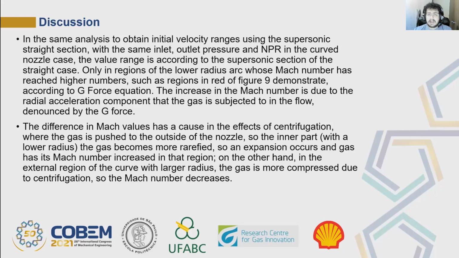So the expansion of the gas is greater, the Mach number is greater too. Okay. On the other hand, in the external region of the curve with larger radius, the gas is more compressed due to centrifugation, so the Mach number decreases.